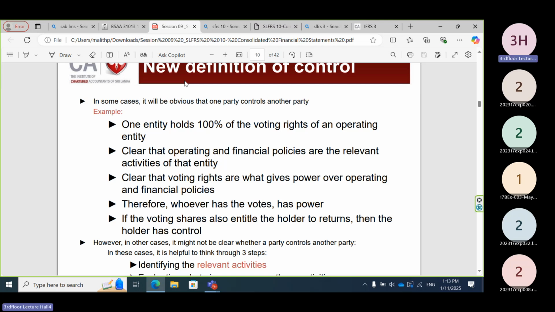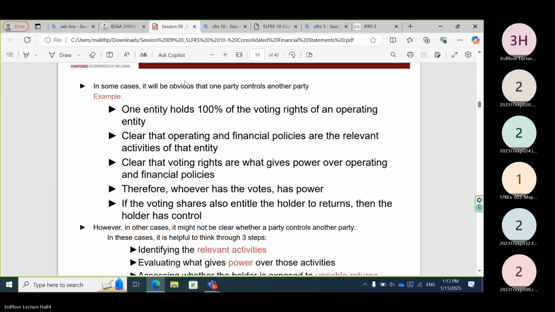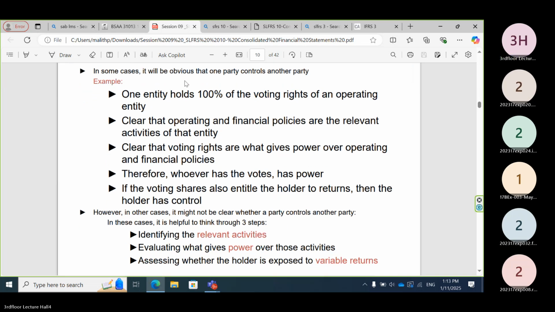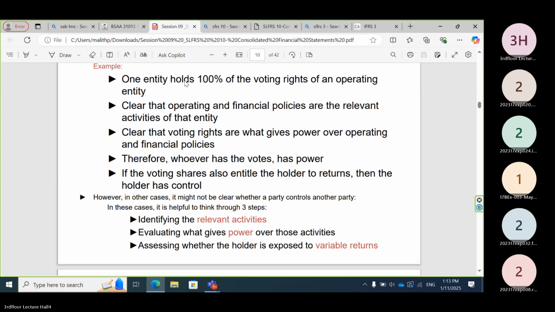Basically, the voting rights make clear that the operating and financial policies are the relevant activities of that entity. So through the power, through the voting rights, you can control the entity.